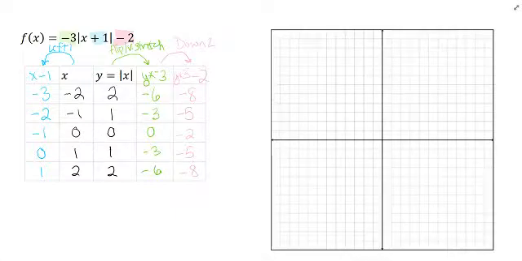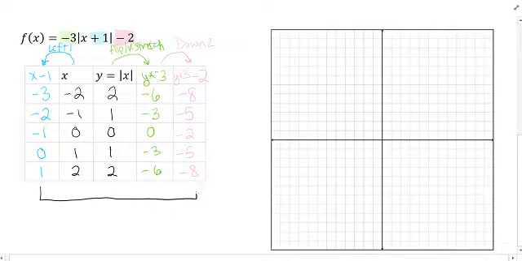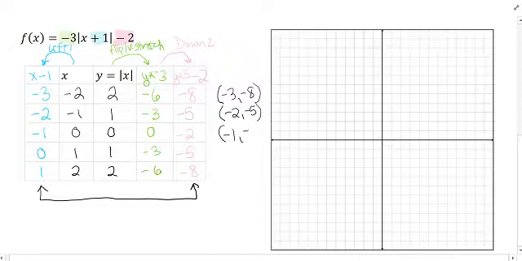My transformed function then will have these ordered pairs, which means I will have the points (-3, -8), (-2, -5), (-1, -2), (0, -5), and (1, -8).